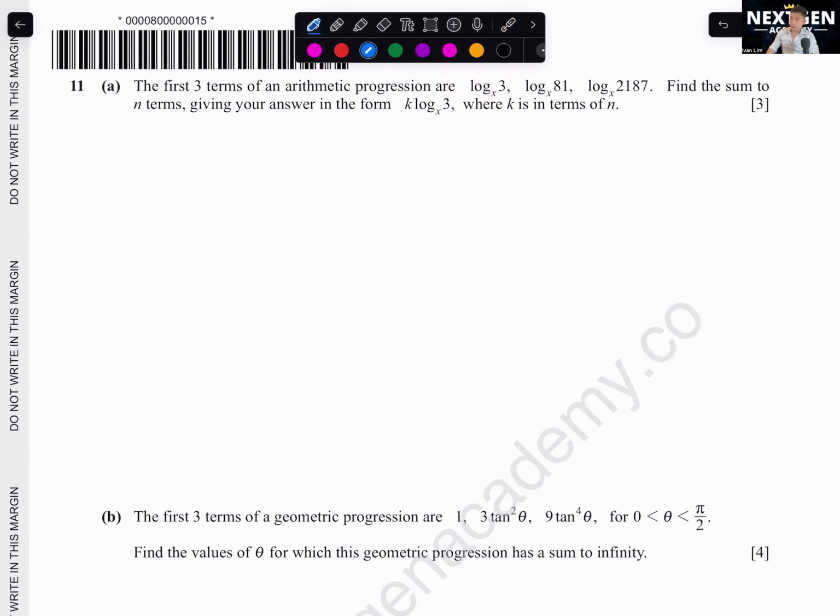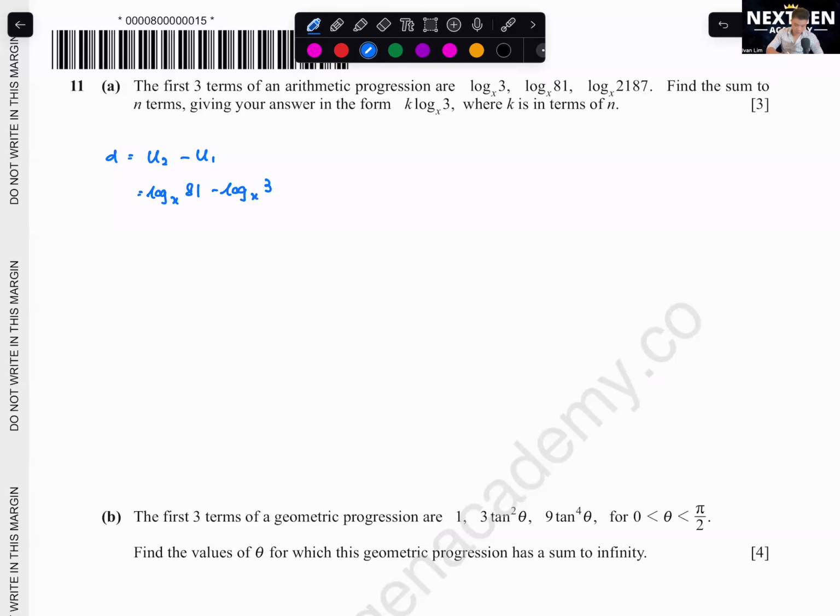Okay, we need to simplify here first. For d, we can take the second term minus the first term. Sorry, minus, not divide, this is arithmetic. So we can take log x 81 minus log x 3. How do we simplify this?